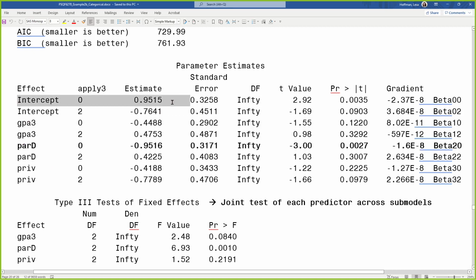So what's that number? 0.9515. It's a logit. It's an expected logit for something when something is true. They're filling in the holes in the sentence for you.